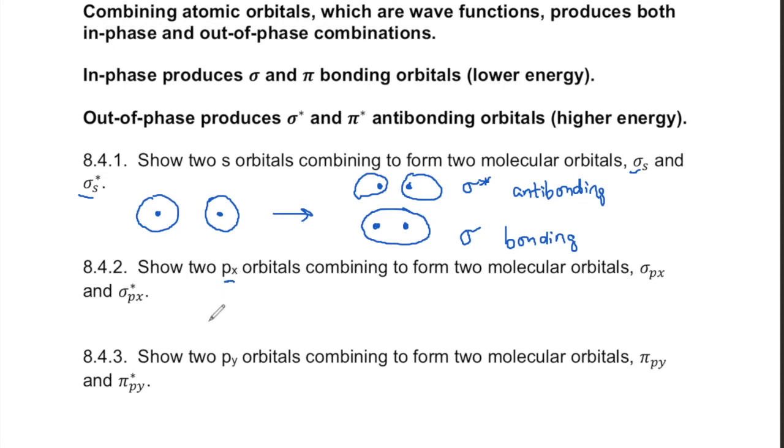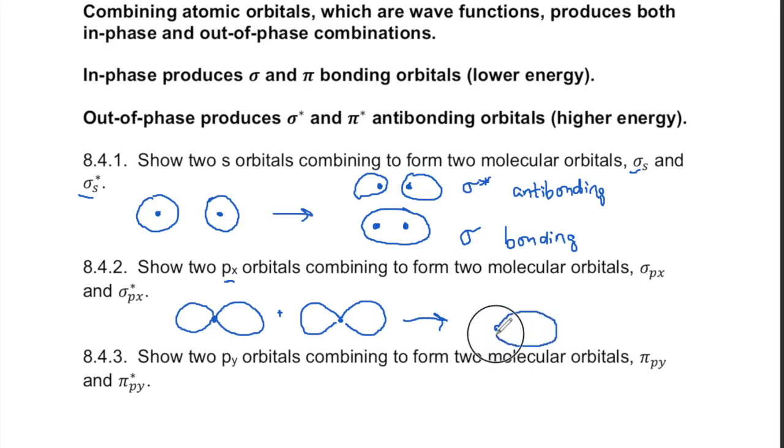Here we're going to take some px, which is p that goes along the x-axis. So here's one of the p's. Here's the other one. So when these two combine, we can have most of the electron density kind of in between the two nuclei, a little bit of another lobe on the outside.